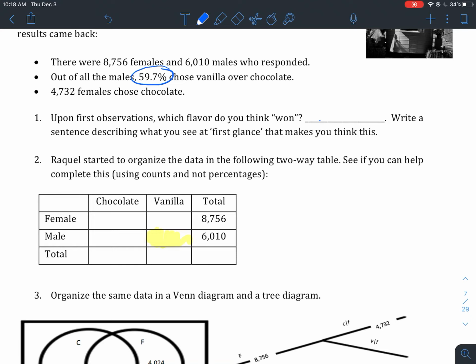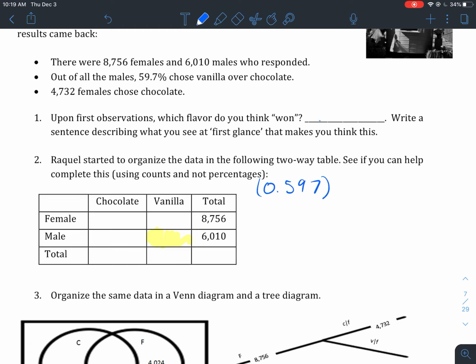You need to change your percentage to a decimal, so you would get 0.597. If you forgot how to change a percentage to a decimal, an easy way is just divide by 100. That's a quick way to do it. You can also move the decimal point two places. That will both get you to 0.597.